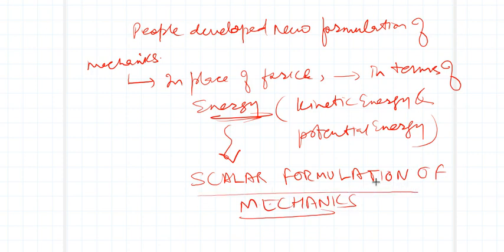So at the UG level you started with the vector formulation, but now we are starting with the scalar formulation. And in this formulation we will talk about the Lagrangian and Hamiltonian formulation.